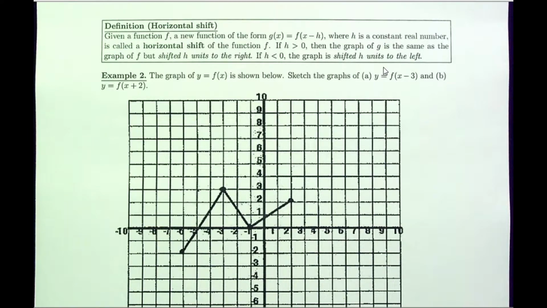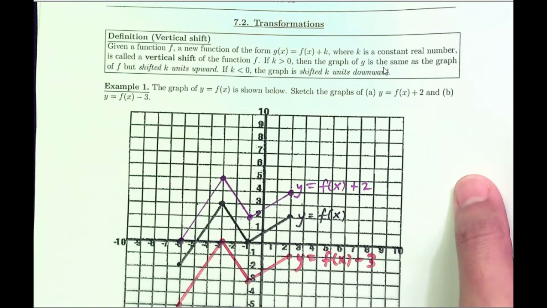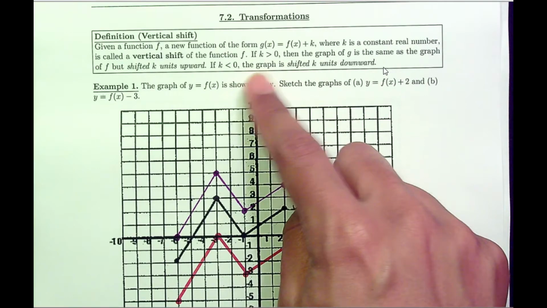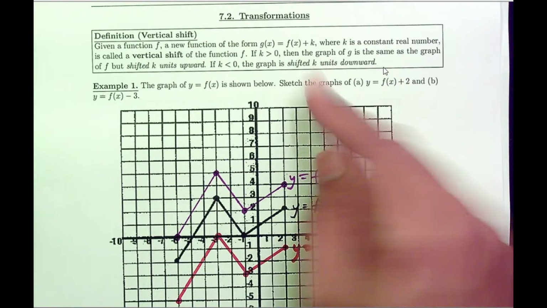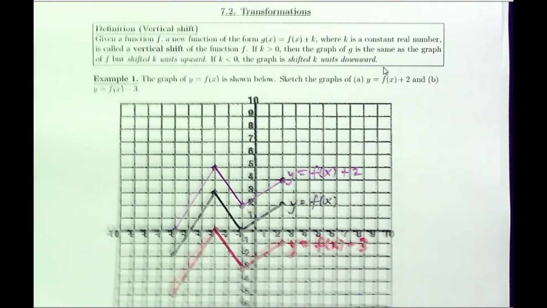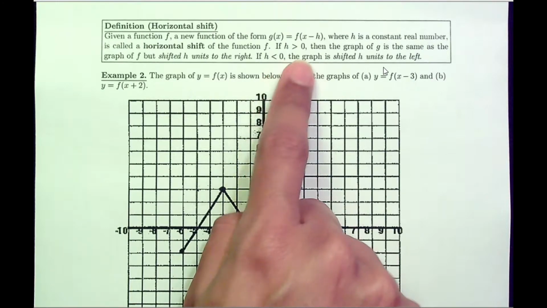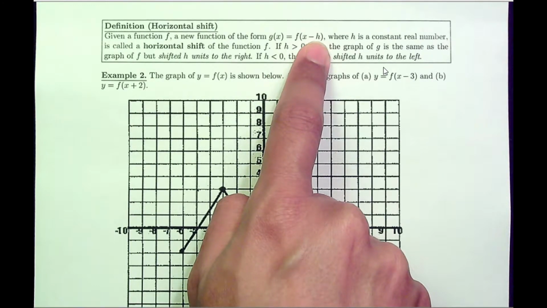Okay, now let's talk about horizontal shifts. The previous page was about vertical shift. If you add a number outside of the formula, it moves the graph up or down. Now, horizontal shift, moving the graph left or right, happens when you add or subtract a number inside the formula where x is, and that is the difference.